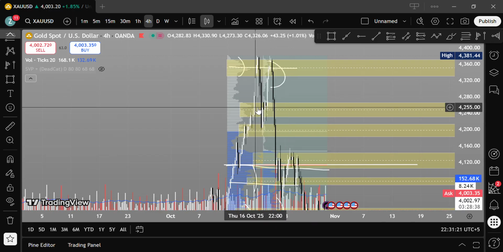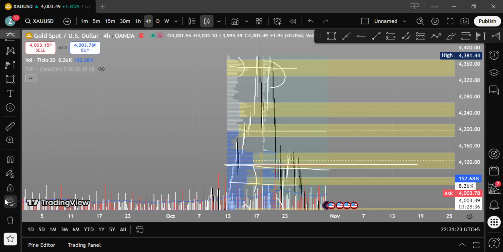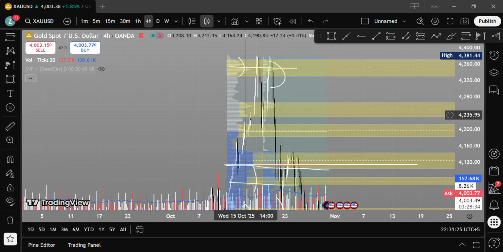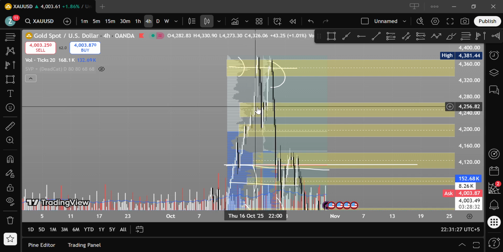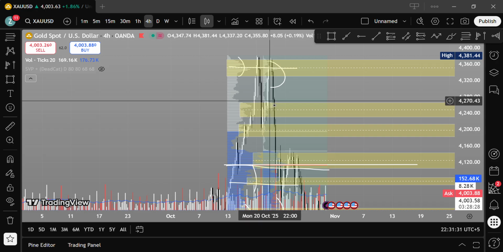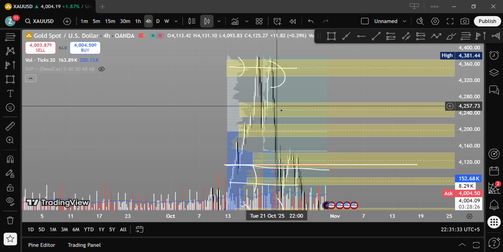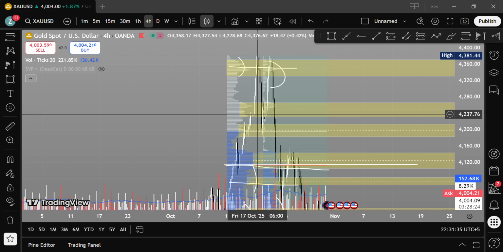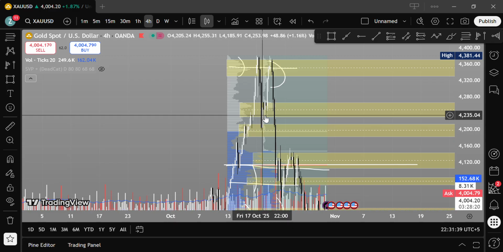Now I want you to really see this. As you can see, this bump is also formed on the future 20th October volume profile, and the same bump is here, but this is a little smaller, though it still counts.